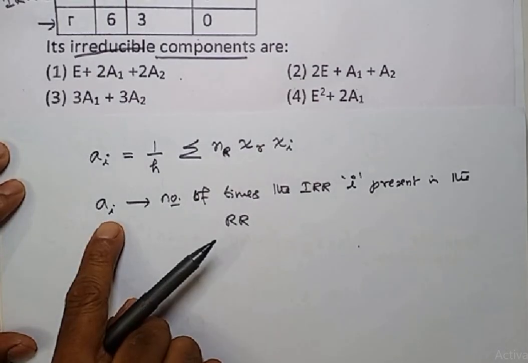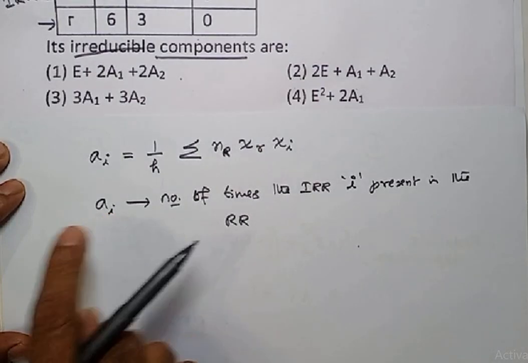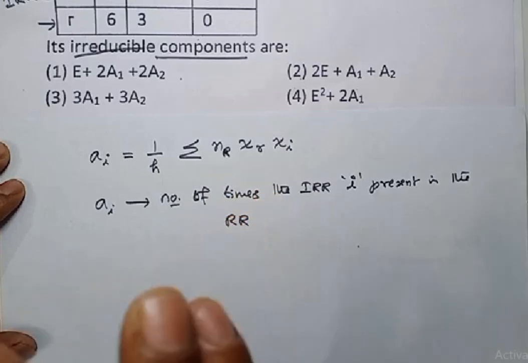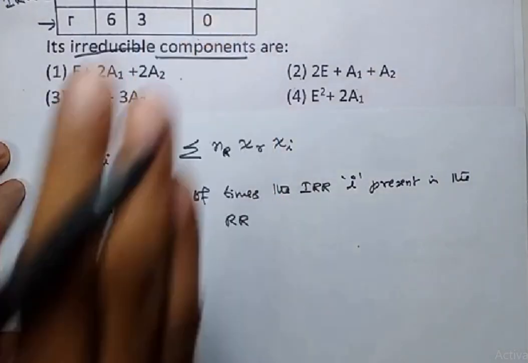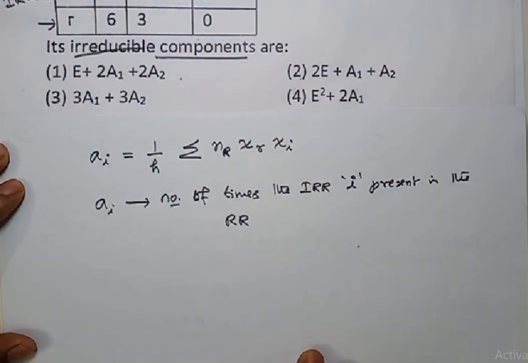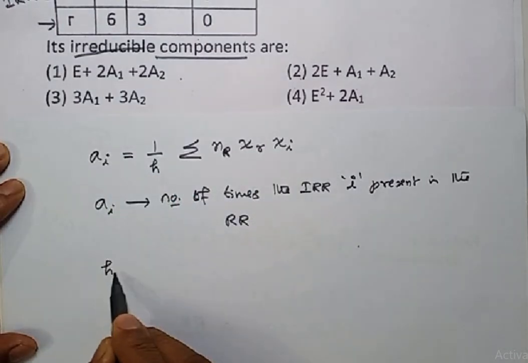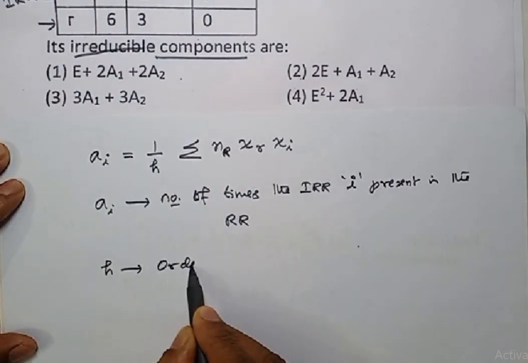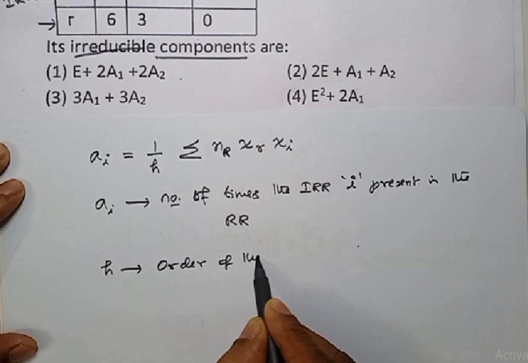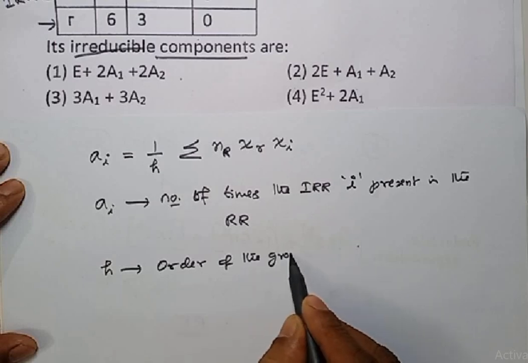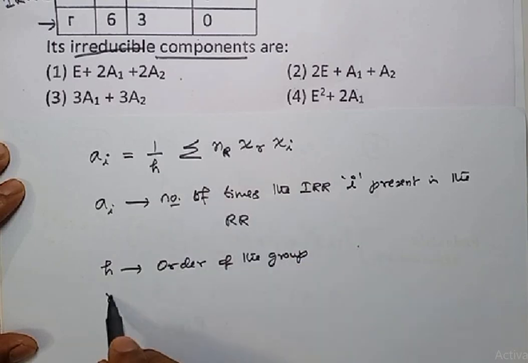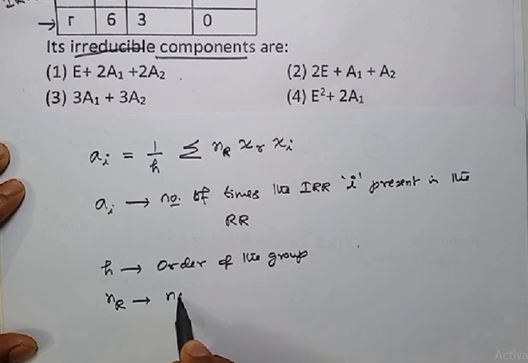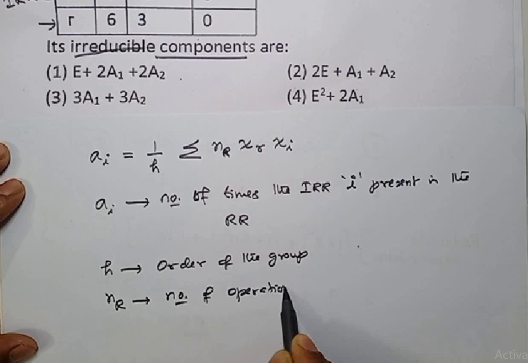You take some ith irreducible representation and find out how many times it is present in the reducible representation. Then what is h? You know very well, h is the order of the point group. Then n_R is the number of symmetry operations in the class R.